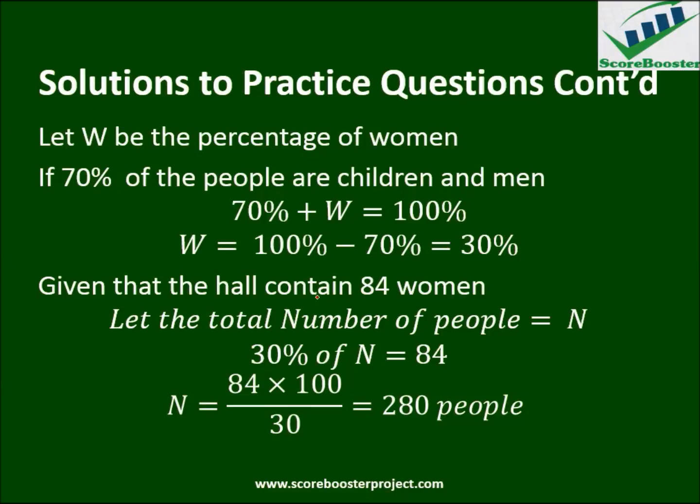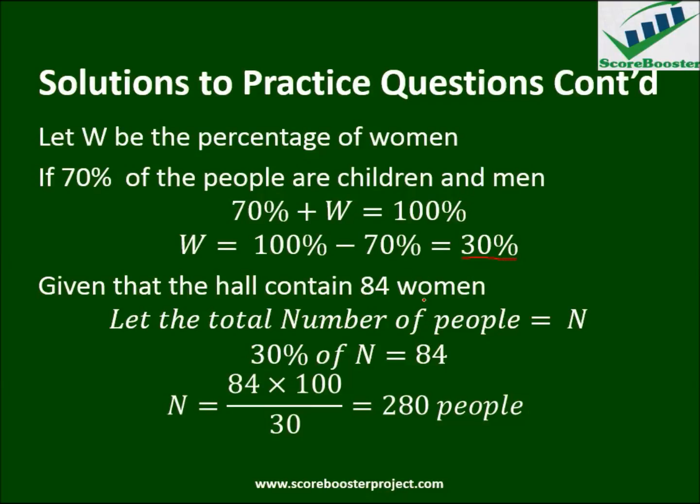Since each person will occupy a seat in the hall, this means there are 84 women in the hall, which means 84 people in the hall give 30% of the total population.